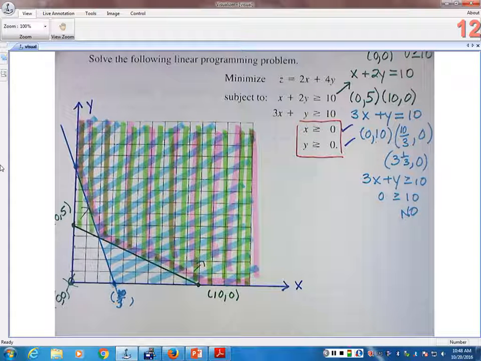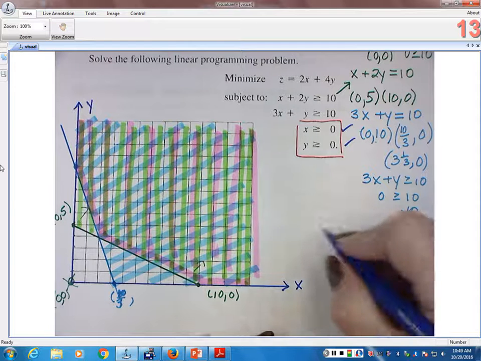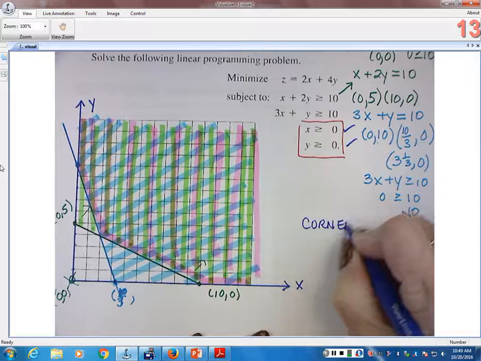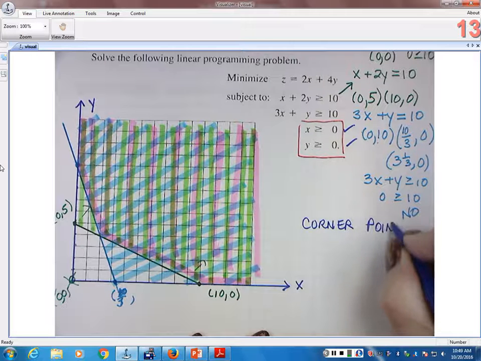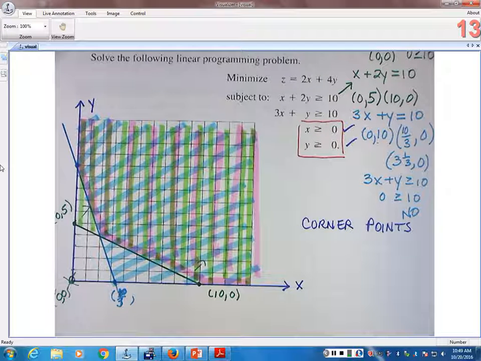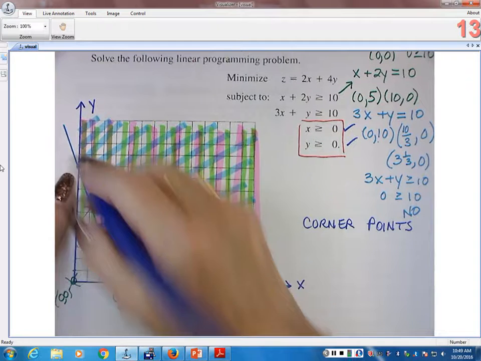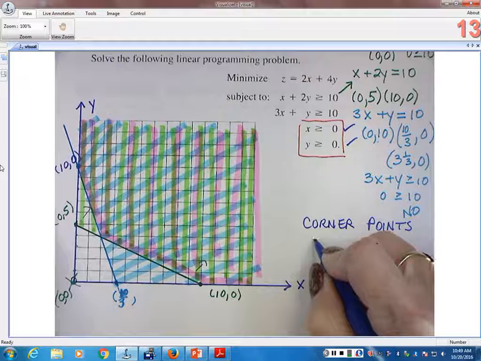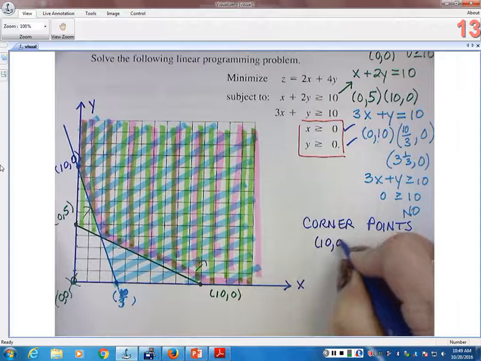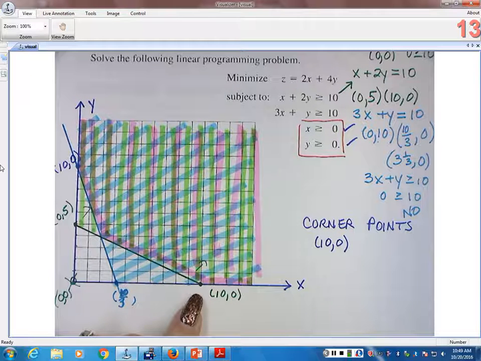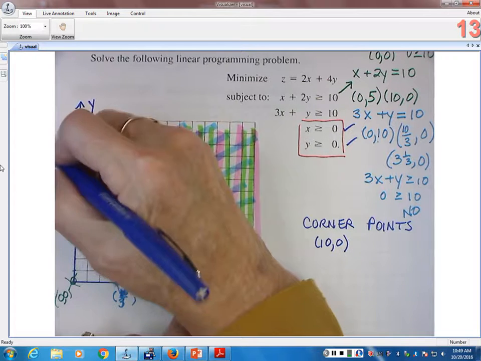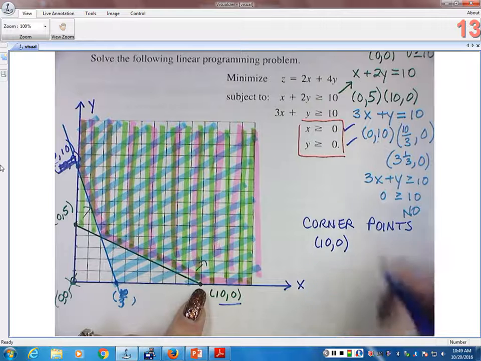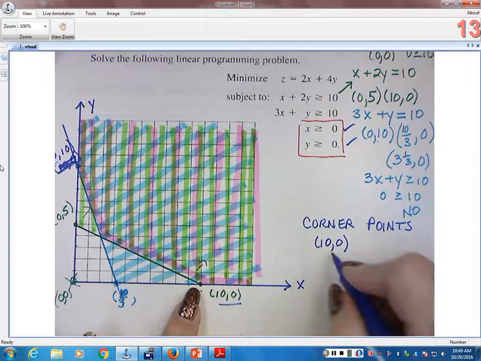Your corner points for that region are 0, 10, I'm sorry, not 10, 0. And 10, 0 is the other corner point, but it's this one.